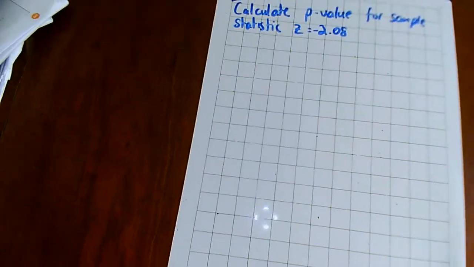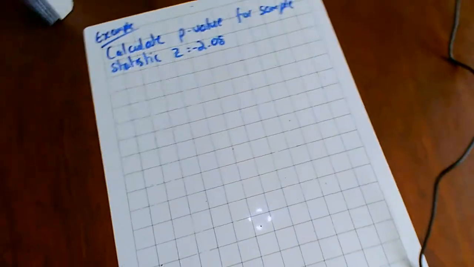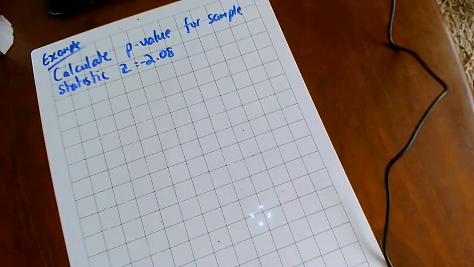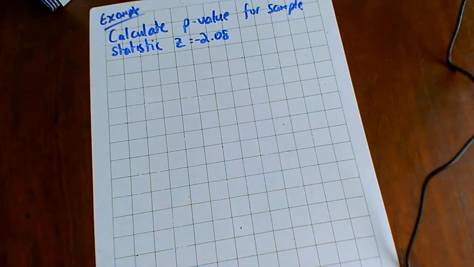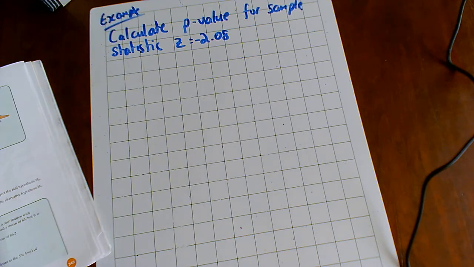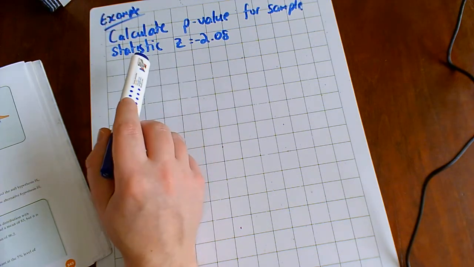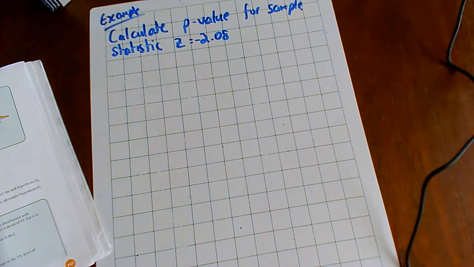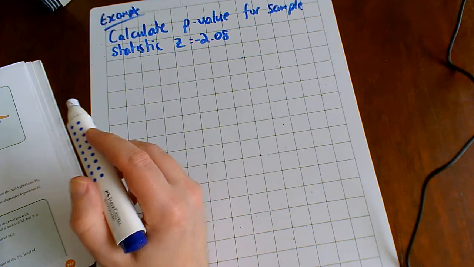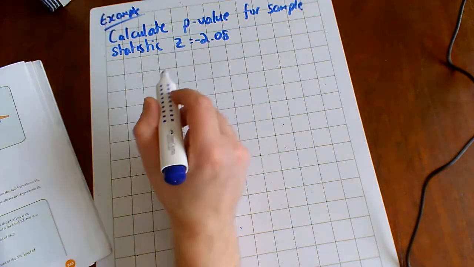Right, so first example, this is the example on page 343 up the top. It specifically says calculate the p-value for a sample statistic, and it gives you the z value. So if ever you're asked to do that, it says the sample statistic z is 2.08.